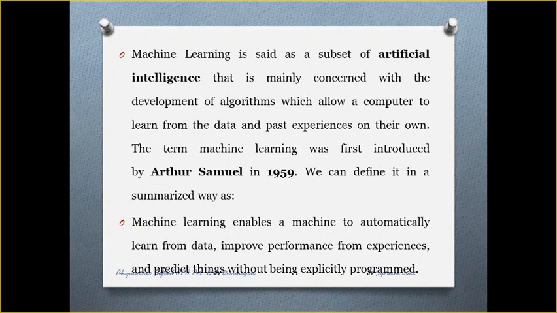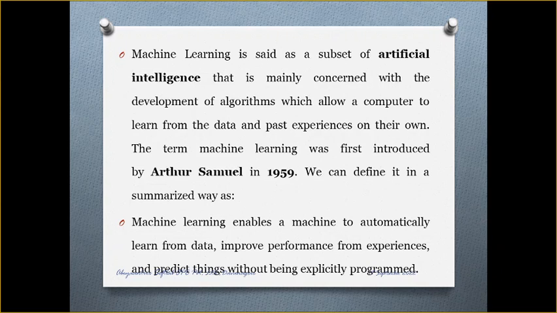As I said, for normal computing machines, we give the input and we give the program. The program is nothing but your algorithm, the strategy or the set of instructions. For this set of instructions, the input will be taken, and for a given program and this particular input, the expected output should come out.